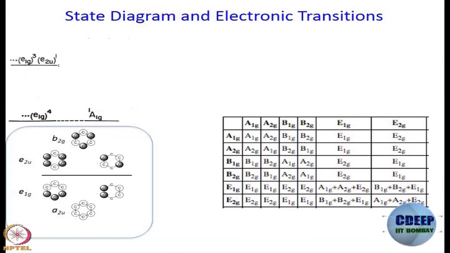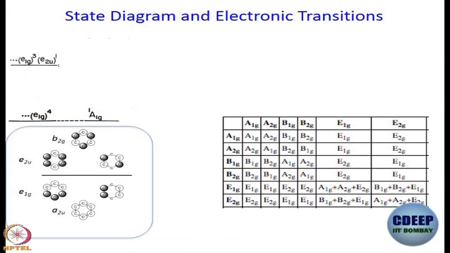Have you all understood that since E1G and E2U orbitals are singly occupied, I have to take a direct product of those? Direct product of E1, neglecting G and U for now, direct product of E1 and E2 is B1 plus B2 plus E1, and since I am doing G cross U, E1G cross E2U, instead of G I will have U here, because 1 into minus 1 is minus 1.